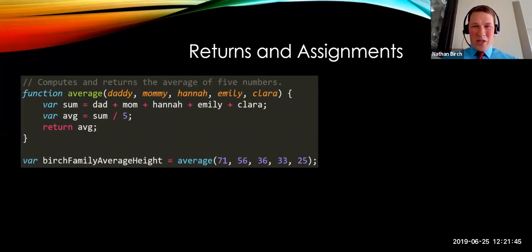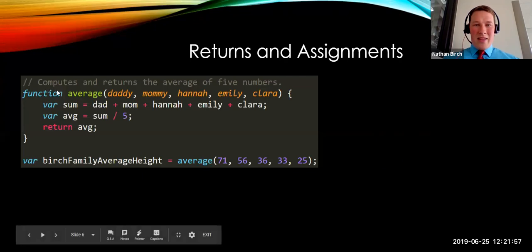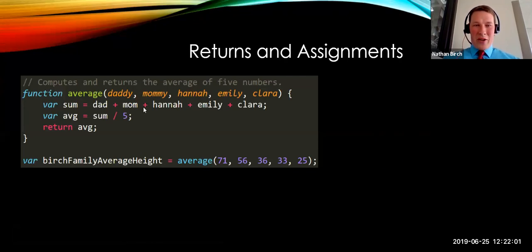All right, returns and assignments. In our first example with the get circumference, we had the return where we just returned the circumference value after doing the radius. In this one we have function average. Here's my family, and it'll just get the average of these 5 numbers, the sum of those 5 numbers divided by 5, and then return that average.